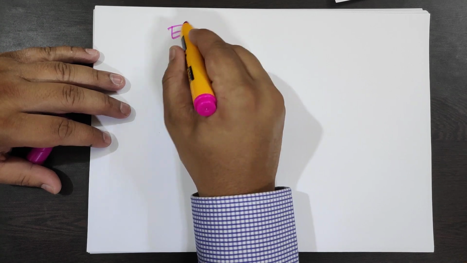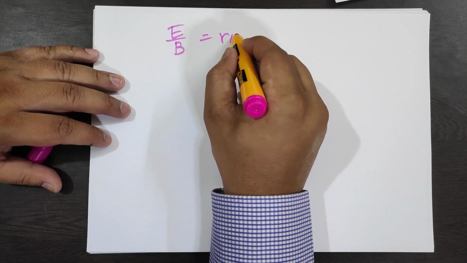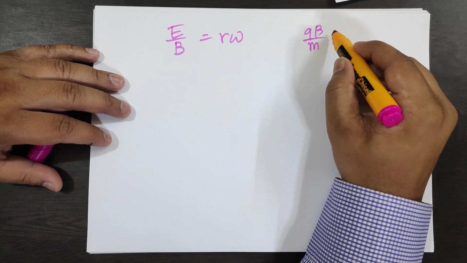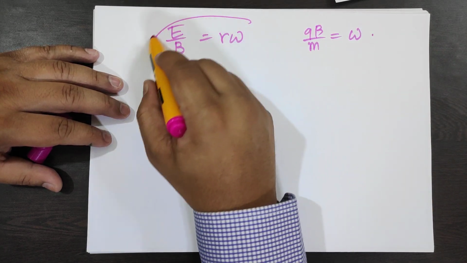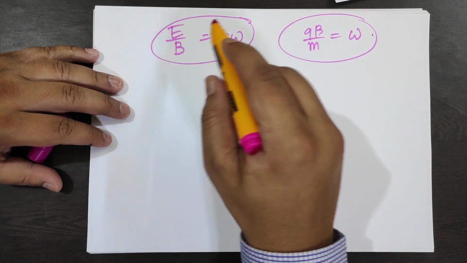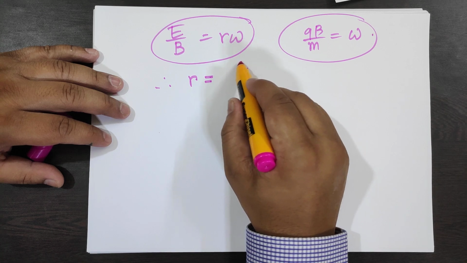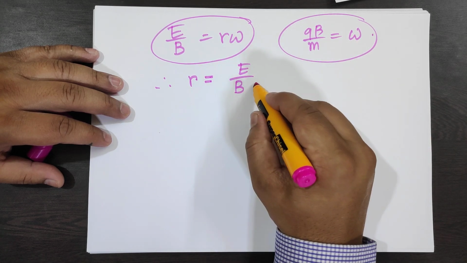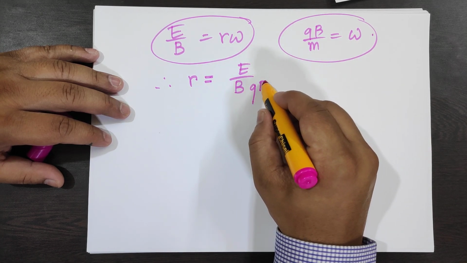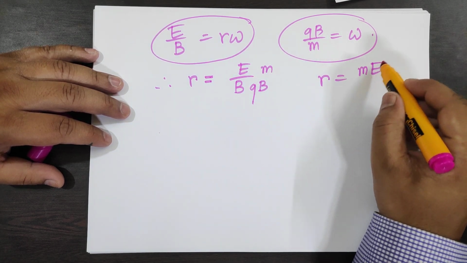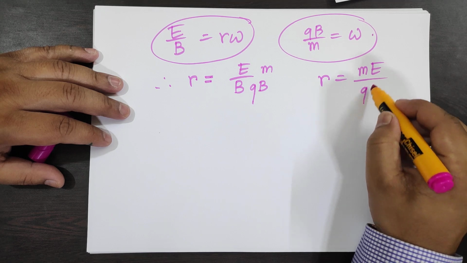E by B is R omega and qB by m is omega. Okay, so therefore what is R? E by B divided by omega, so R equals mE by qB square.